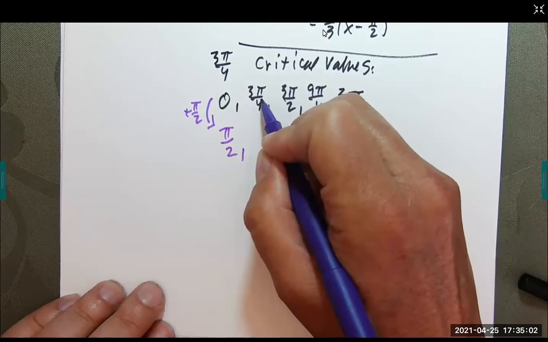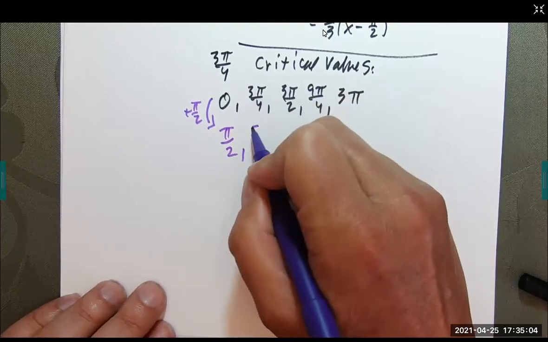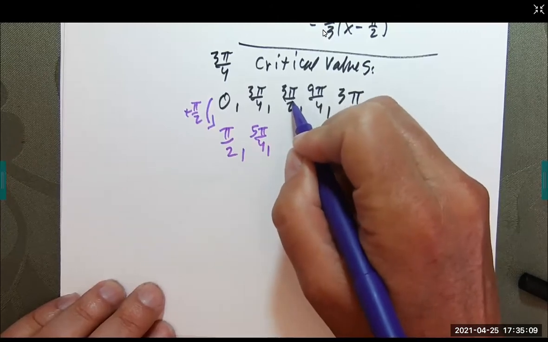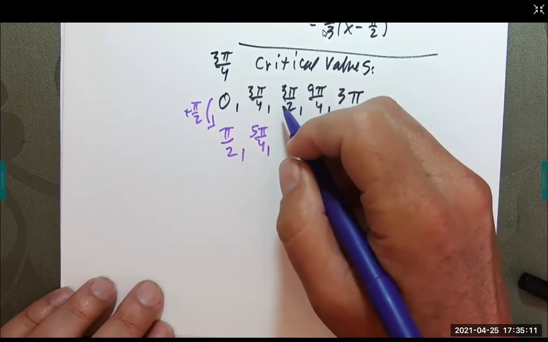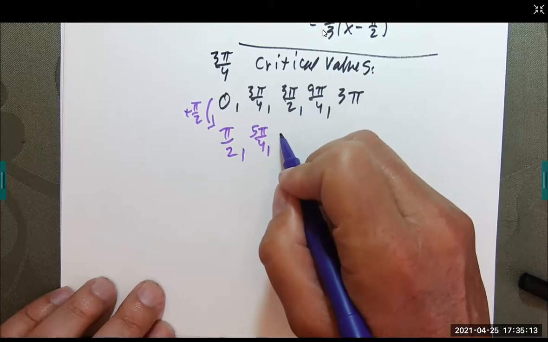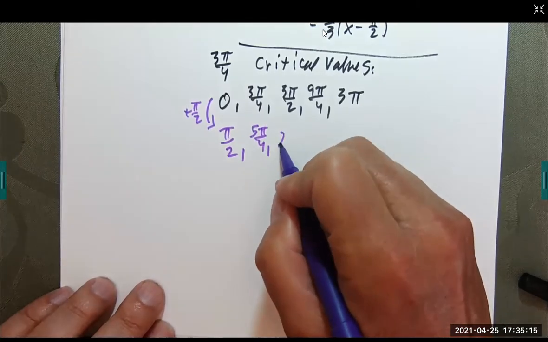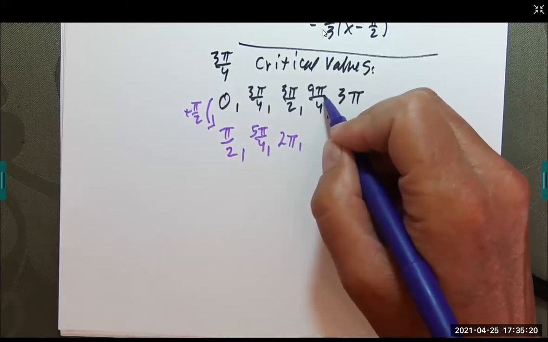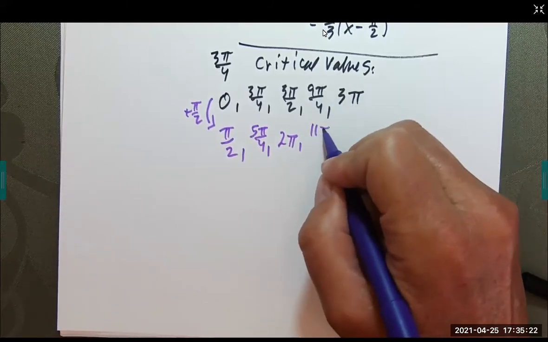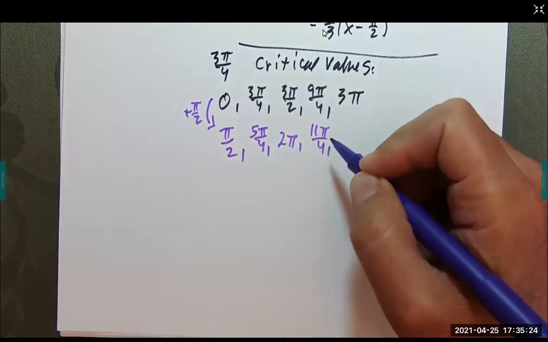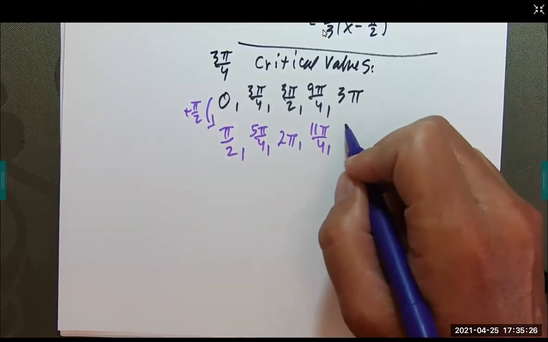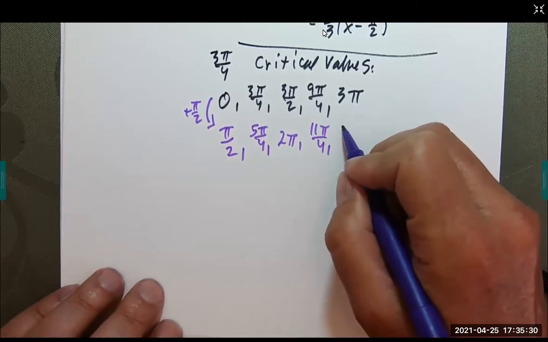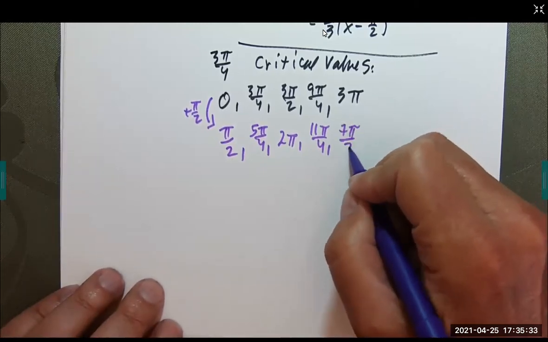Pi over 2 to this, I get 5 pi over 4. Add pi over 2 to this, and I get 8 pi over 4, which is 2 pi. Add pi over 2 to this, and I get 11 pi over 4. And add pi over 2 to this, and I end up with 14 pi over 4, which becomes 7 pi over 2.